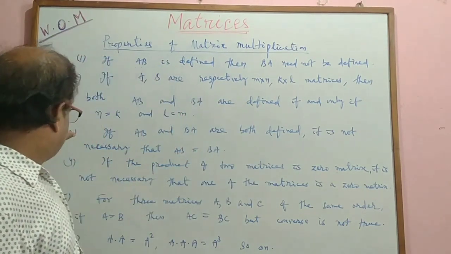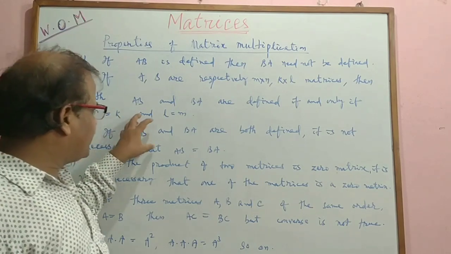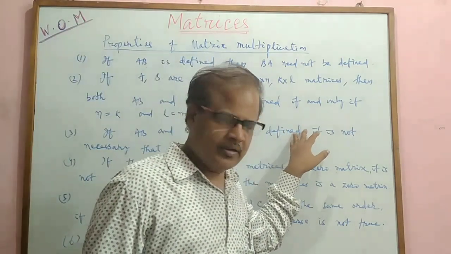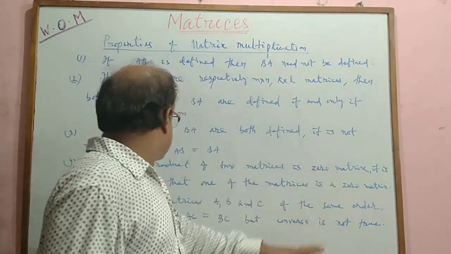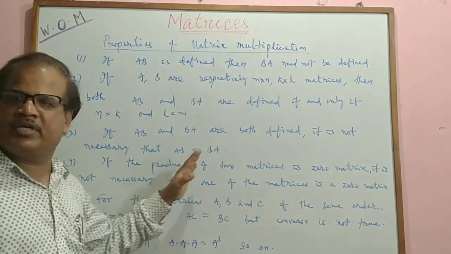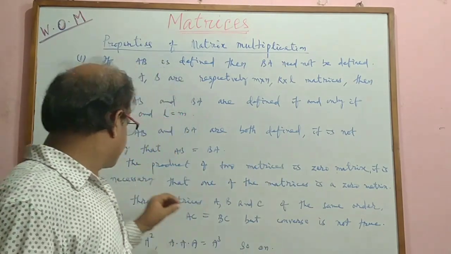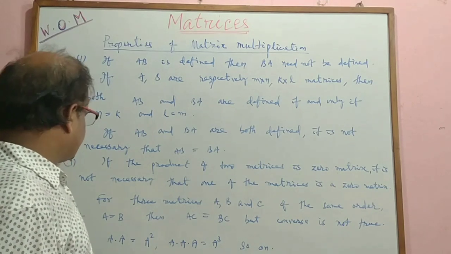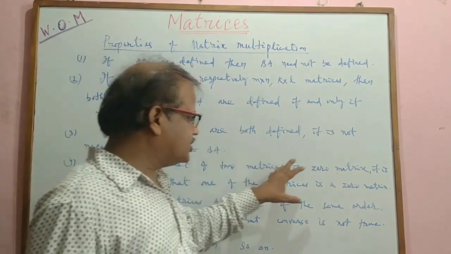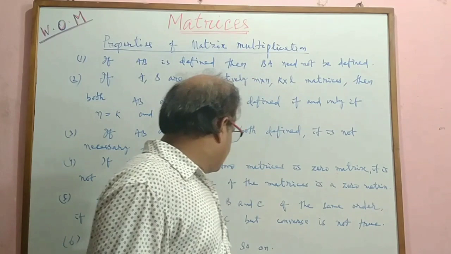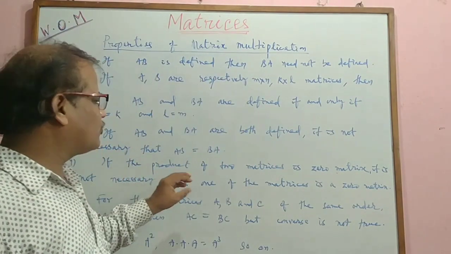The third property is, if AB and BA are both defined, it is not necessary that AB is equal to BA. The fourth property is, if the product of two matrices is the zero matrix, it is not necessary that one of the matrices is the zero matrix.